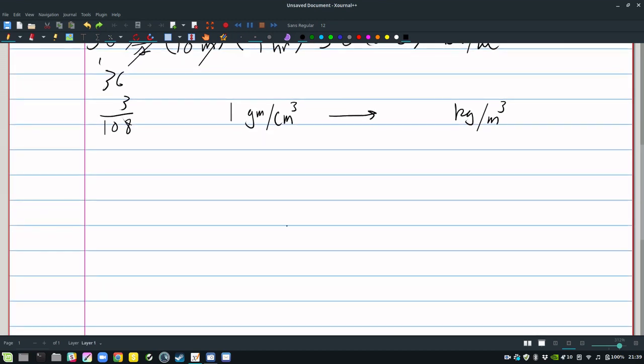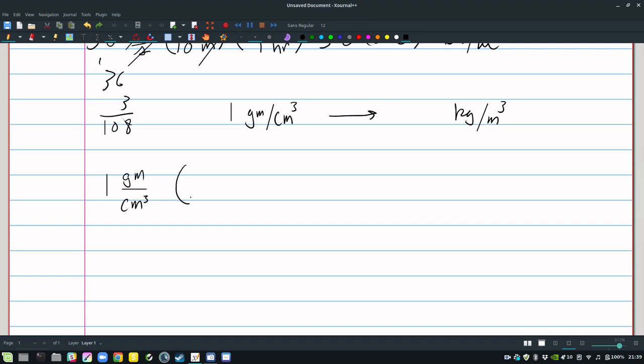Finally, we've done this one in class. The conversion of a density in grams per centimeter cubed into kilograms per meter cubed. This is going to require actually 4 unit conversions. So 1 gram per centimeter cubed.